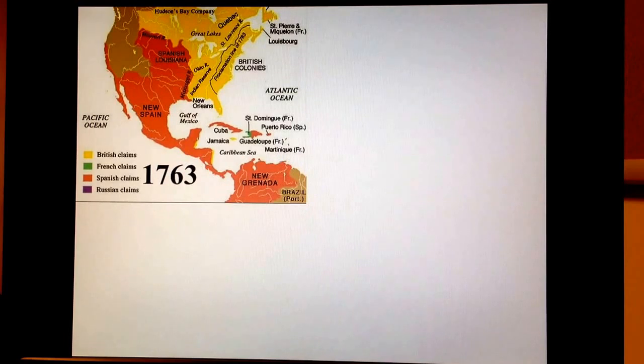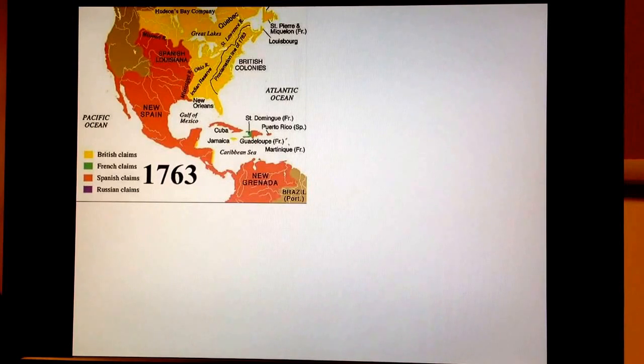This was a war between the British and the French for control of North America. And the British won, and the French lost Canada. So the map you see there, everything in yellow is controlled by the British in 1763, because they had just finished kicking the French out of North America.